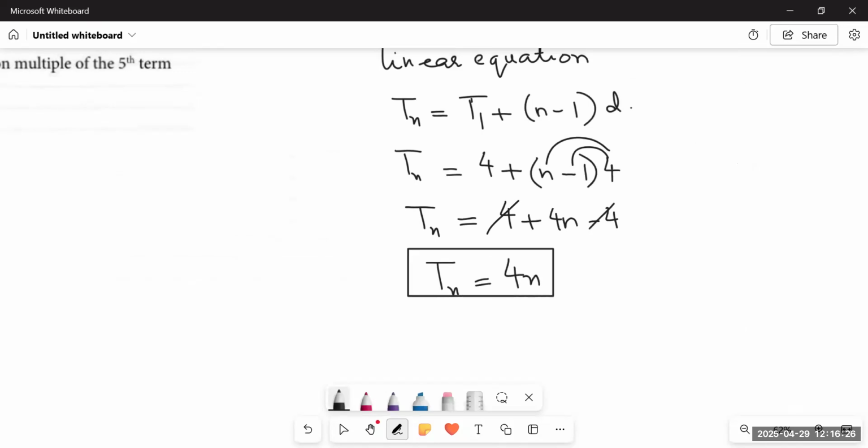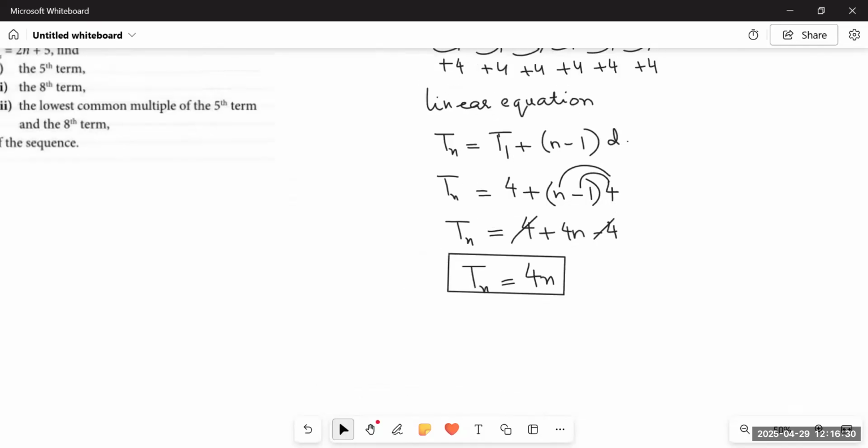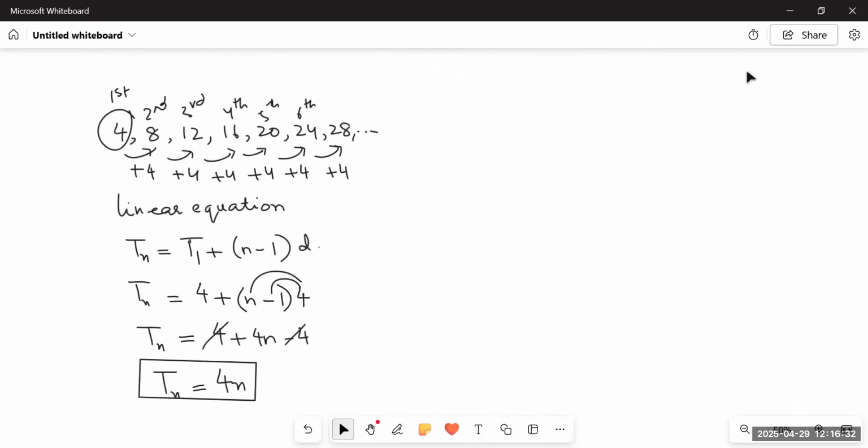Getting my points, students? This is how we have to generate the formula. Now, using this formula, we can find any of the terms. Tn means any term at this position. So I can write it as Tn is equal to 4n. If I want to find the term at first position, I will write T1.